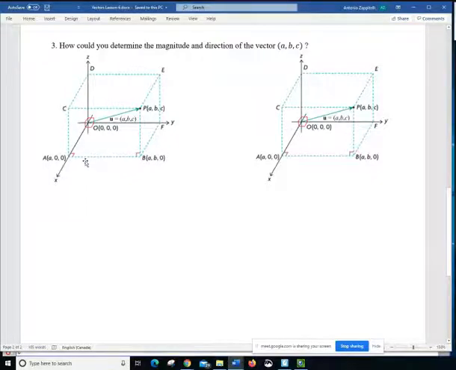So we want to come up with a formula for the magnitude of this vector here. The question is, how are we going to define the direction of a vector? Well, the hint I'll give you is that it's going to be at least as annoying as determining direction in 2D. Okay, perhaps even a little more.